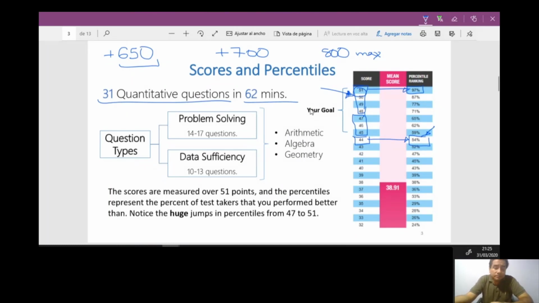But later on, we will discuss how to assess your own performance for the exam when you practice, and to see what is your strength and your weakness, considering the quantitative and the verbal section all together, okay? For the time being, we will focus on talking about the type of questions that you will see in the quantitative section. We have two question types, problem solving and data sufficiency.